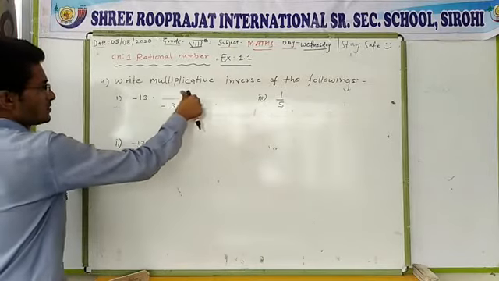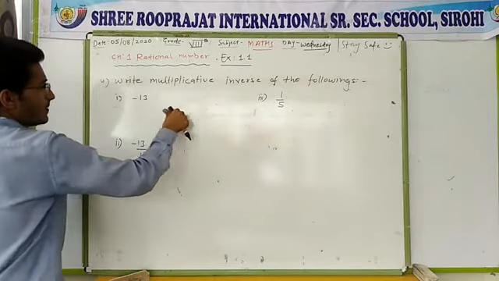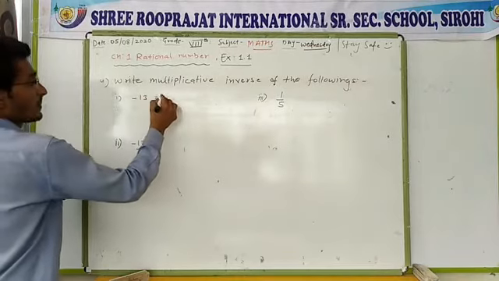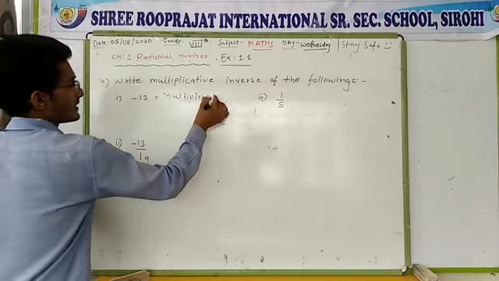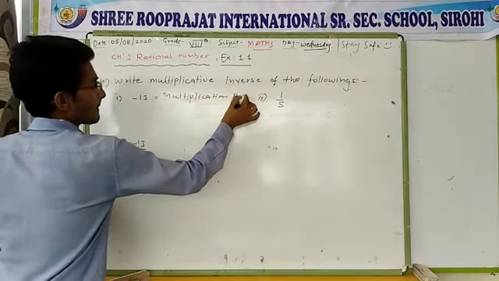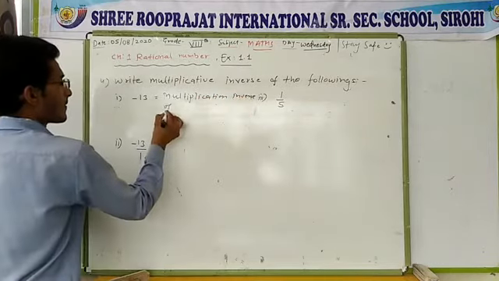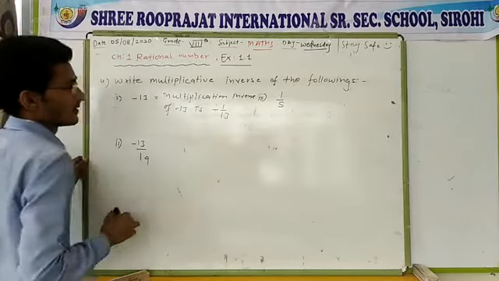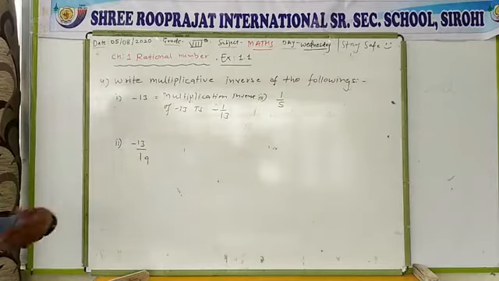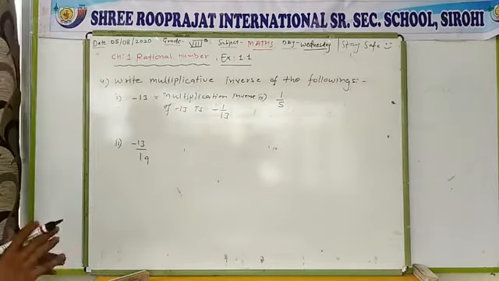Okay, so the multiplicative inverse of minus 13 is minus 1 upon 13, or 1 upon minus 13. You have to just put the minus.